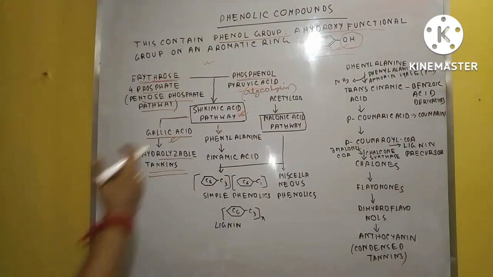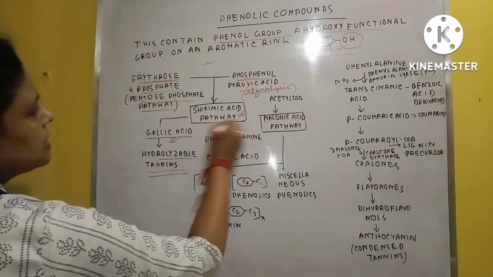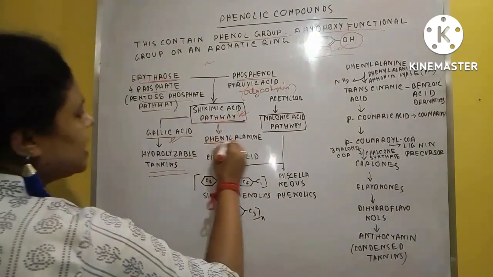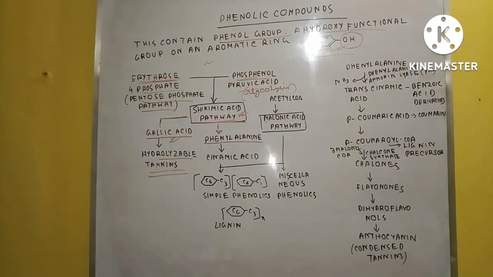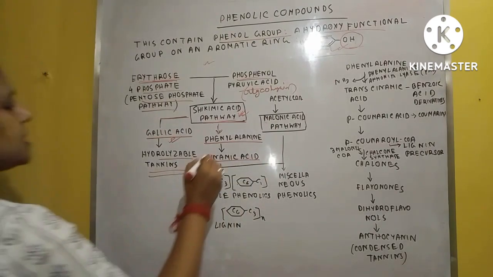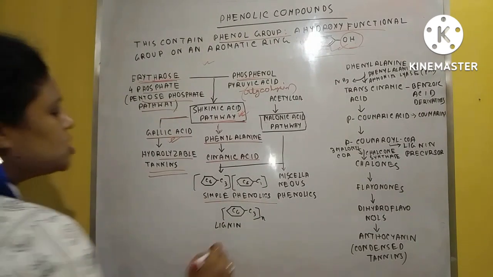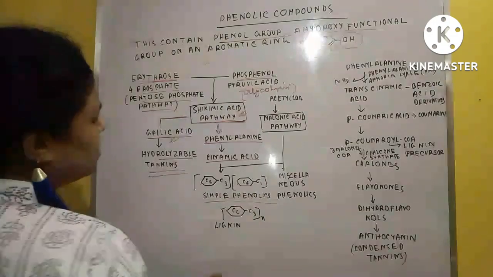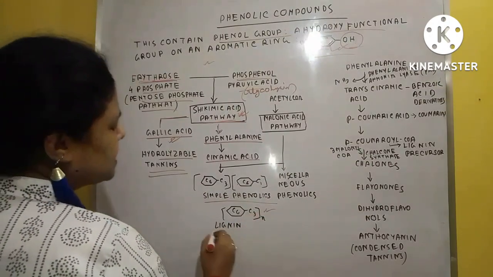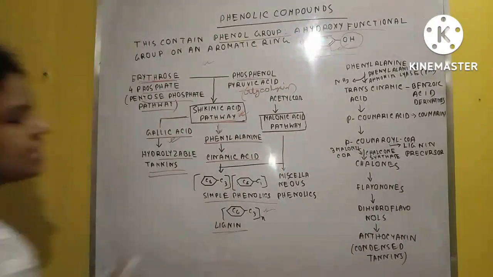In the next branch of the shikimic acid pathway, you can see phenylalanine. From the phenylalanine, cinnamic acid is formed, and from this cinnamic acid, simple phenolics are formed. From the simple phenolics, one example is lignin, and the formation of lignin is seen here.